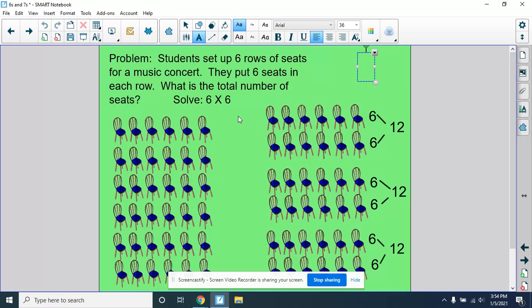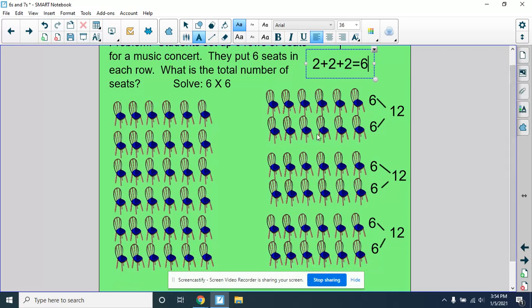We can use 2s. So in this picture, I've broken these 6 rows of 6 into 2 rows of 6 and 2 rows of 6 and 2 rows of 6. Because if we think about our 6s, we can think 2 plus 2 plus 2 equals 6. So we're going to use each of those 2s, 3 of them, to figure out our array.